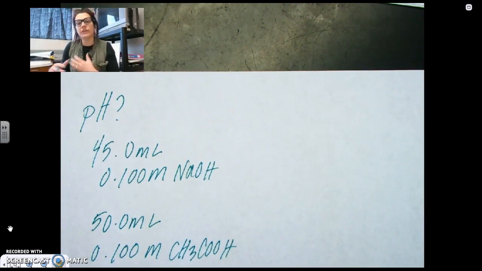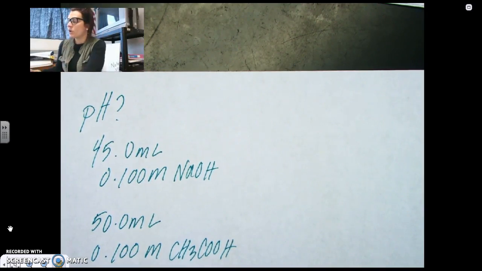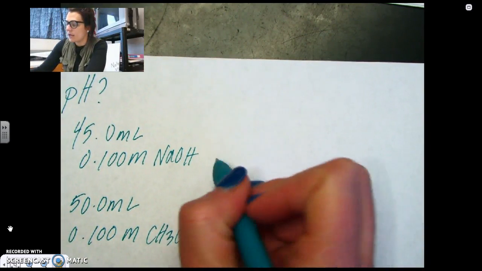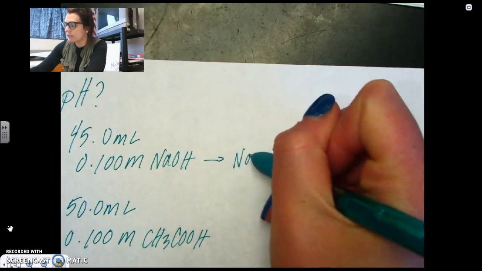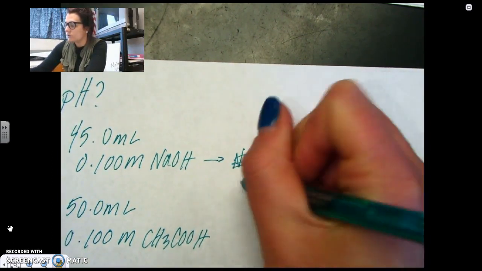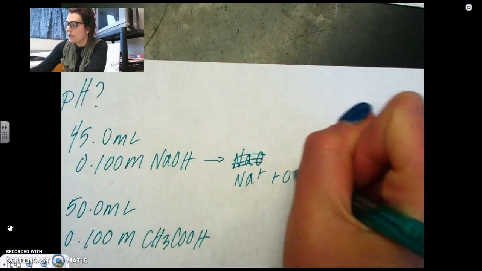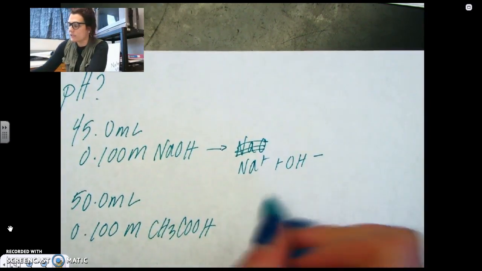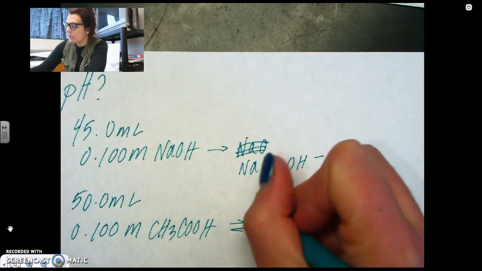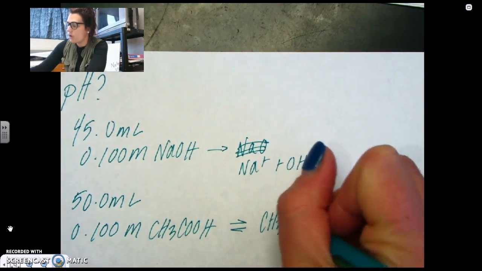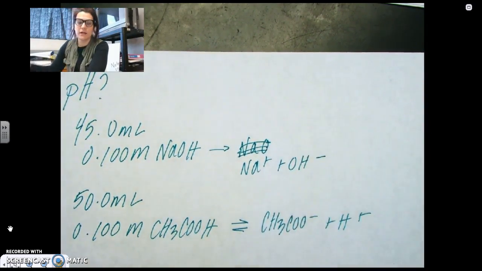So we have to figure out if there is enough hydroxide to consume all of the weak acid H+. Remember that sodium hydroxide will dissociate completely into sodium and hydroxide, whereas acetic acid will stay in equilibrium with CH3COO- plus our H+.